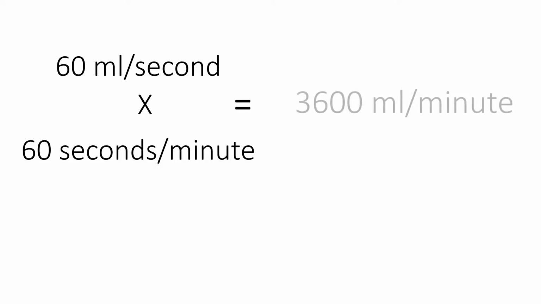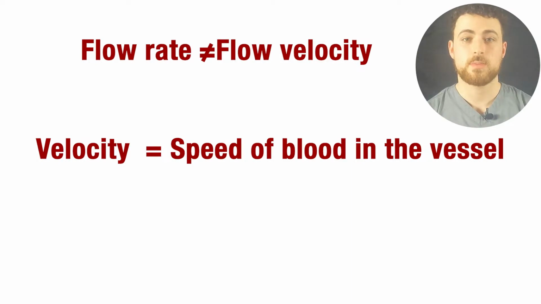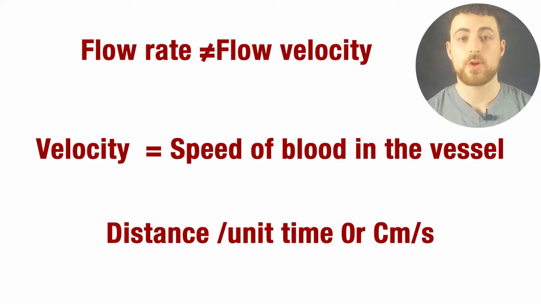Let me take a bit of a sidestep here. Flow rate is not the same as flow velocity. Velocity is the speed at which the blood is moving within the vessel and is measured in units of distance per unit of time, usually centimeters per second in the circulatory system. That is a distinction that is going to be very important, as we will see. Obviously, the flow rate and flow velocity are closely related.